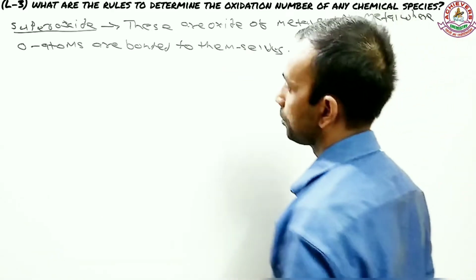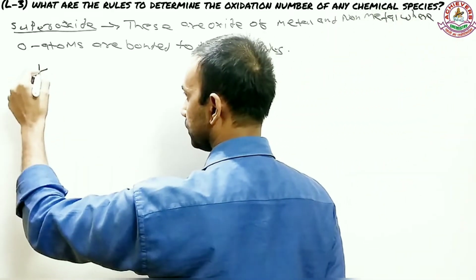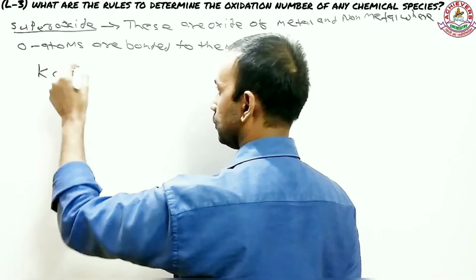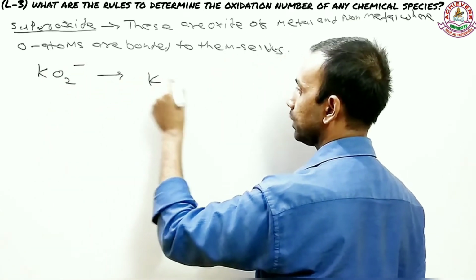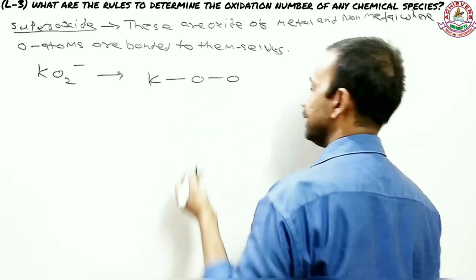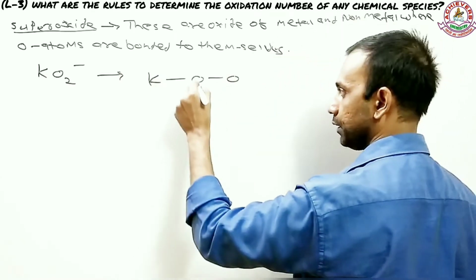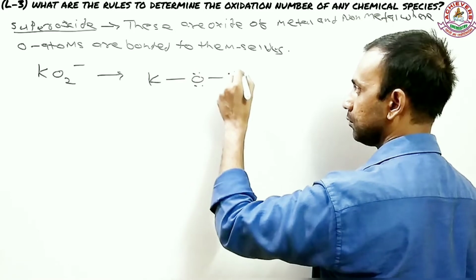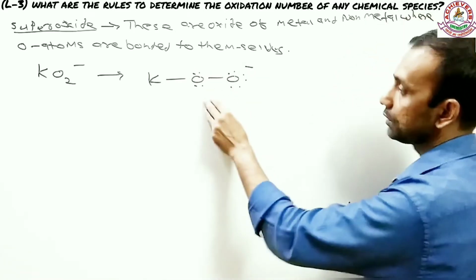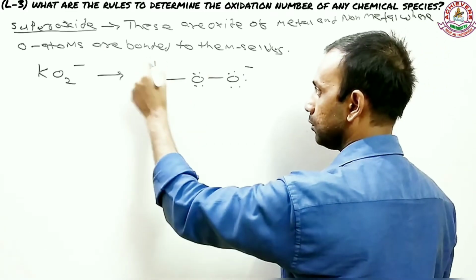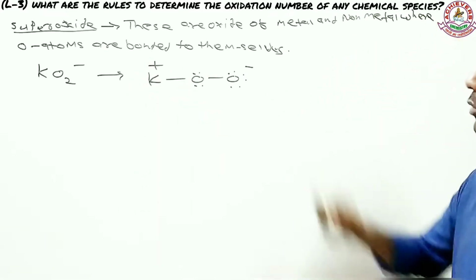Let me take an example here. KO2 is one such example, I remember. So what happened here? K is bonded to the two oxygens in this particular manner, where the oxygens are bonded together. So this is a kind of superoxide.